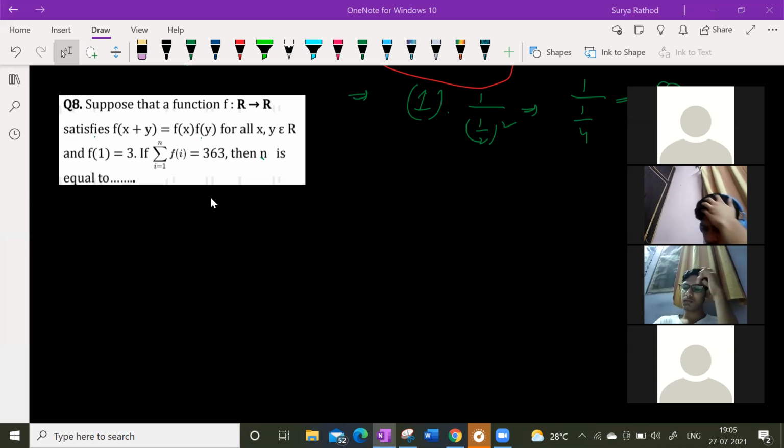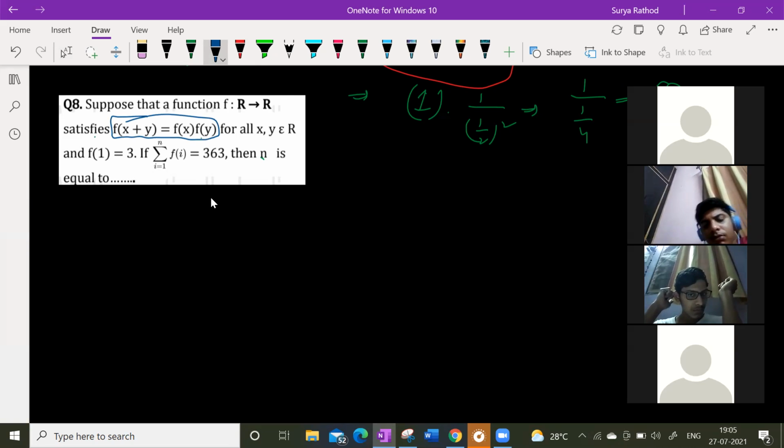Guys, look at this. Very simple. Here the hint is f of x plus y. You will be getting the same type of question in the NCERT also. See here, f of x plus y is equal to f of x into f of y, I have, right? Let f of x be equal to a power of x.